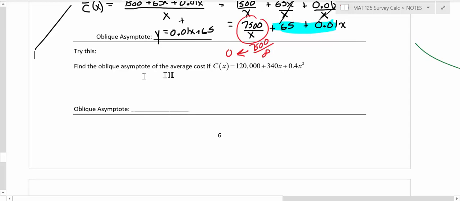Okay, go ahead and repeat what I just did. I'll give you a couple of minutes to do this problem. There's nothing to it. I want you to know how to do that. Then we'll wrap up with one application on the next page. So what you want to do is do your average cost function. Go ahead and do that. And then you can do the oblique asymptote in your head if you want to.